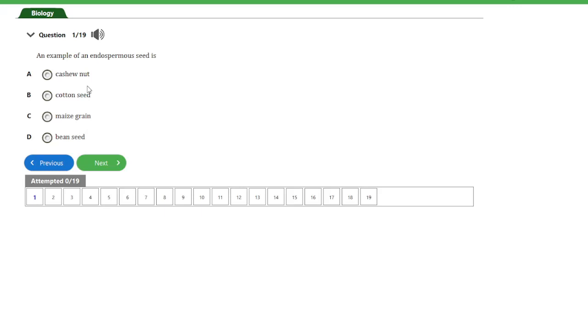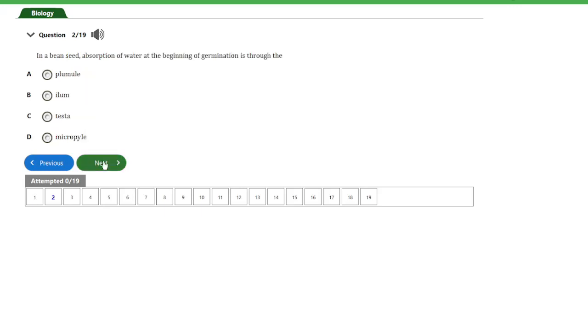An endospermal seed is one in which the endosperm remains in the mature seed and then provides nutrition to the developing embryo. So maize grain is an example of this type of seed, in contrast to the other options listed here. They are non-endospermal seeds. So guys, the only endospermal seed here is the maize grain. So let's look at the next question.